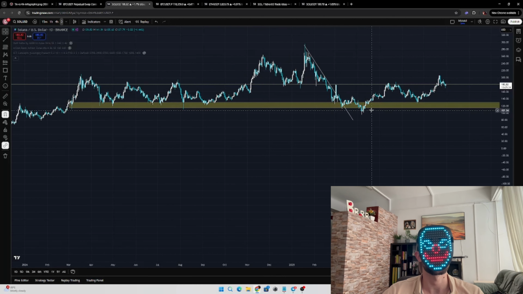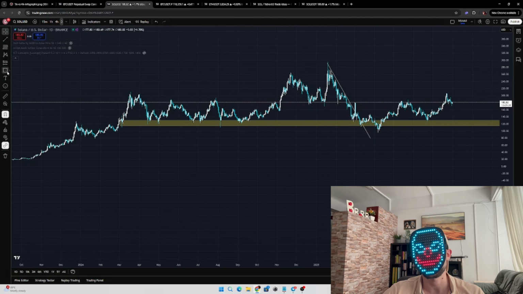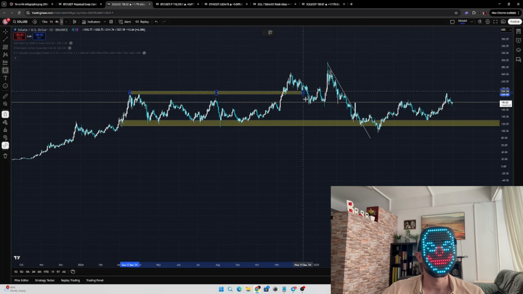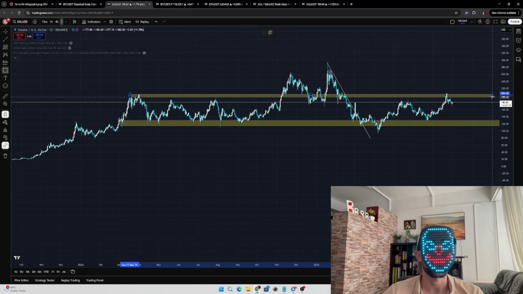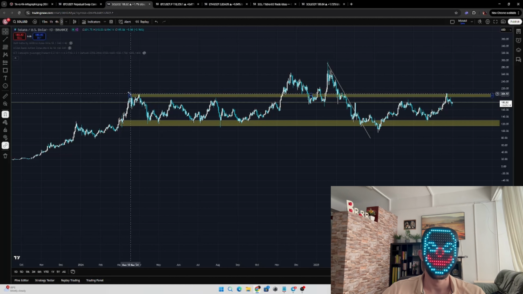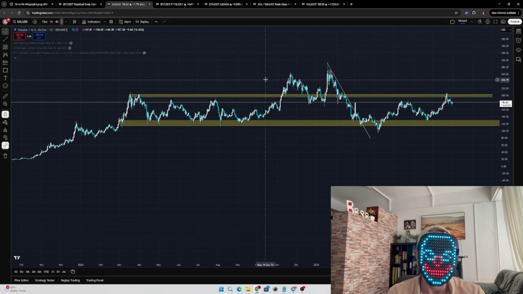Now, resistance. Where would you put resistance? Similar, you try to find the places where the price has been trading, has been bouncing. So I'm marking this starting from these 2 points. The price has tried to go above but has been rejected. Then not quite here, but here you could see a candle and bounce. So this is more or less the area. And then we're looking here, this resistance turned into support because that's how it works.